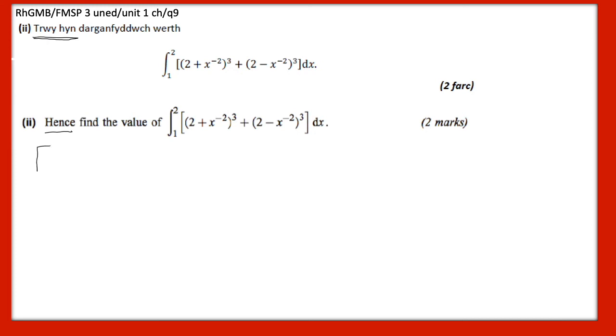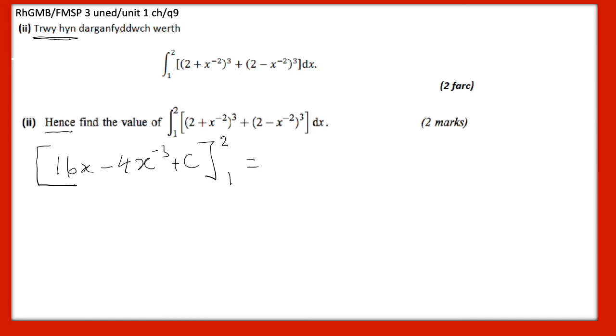The only difference is I've got limits. When I integrated it before, I ended up with something quite nice: 16x minus 4x to the minus 3 plus c, and this time I've got my limits 2 and 1.